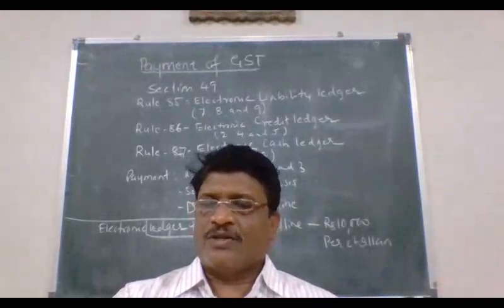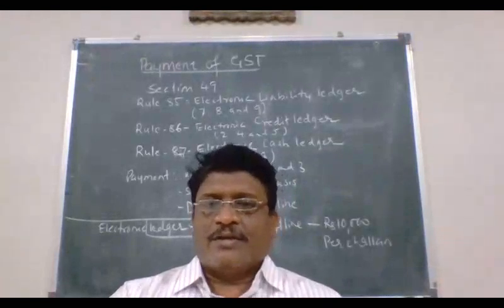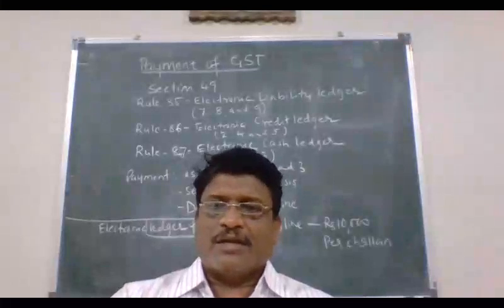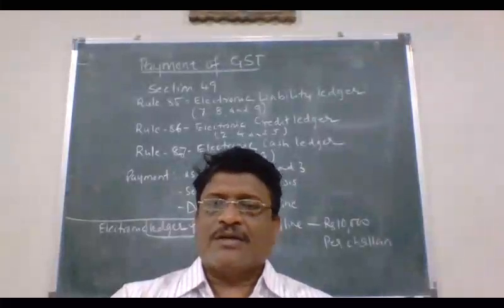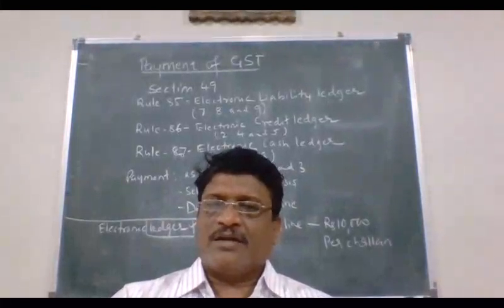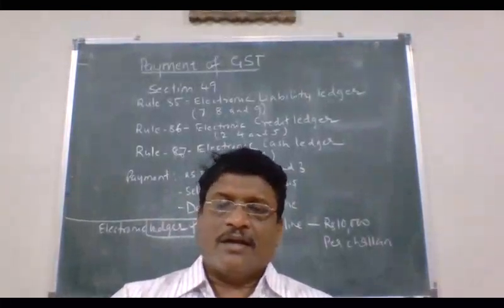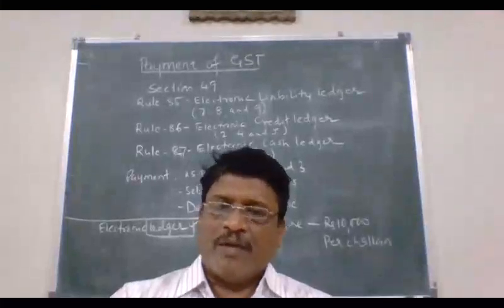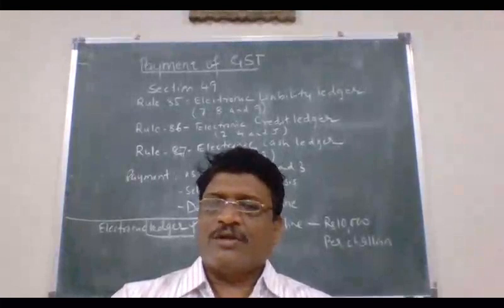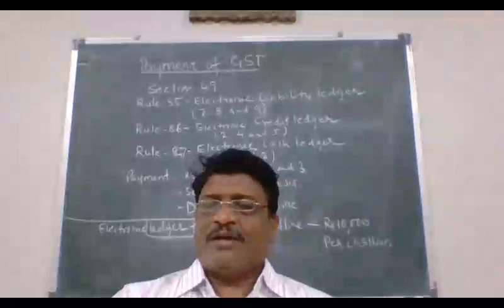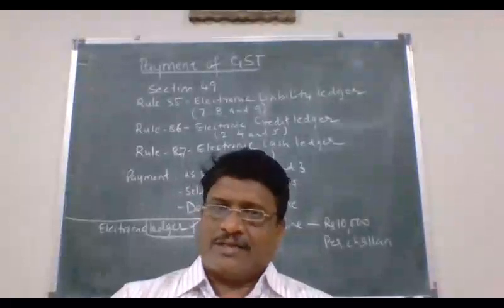So whatever GST is collected by the supplier from the recipient, after making the input tax credit adjustment, the net tax liability of the supplier has to be paid, or deposited, by the supplier to the government within a specified period mentioned by the Act.